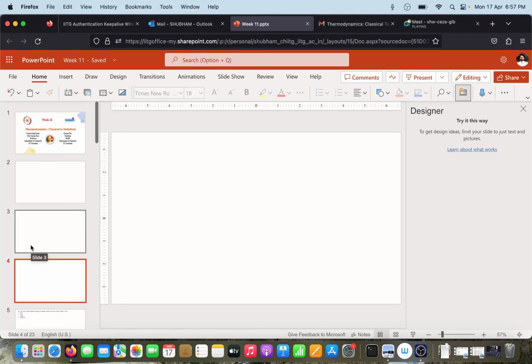So then there is another theory, that is Debye theory, which is quite successful in giving the value of Cv at any range of temperature.